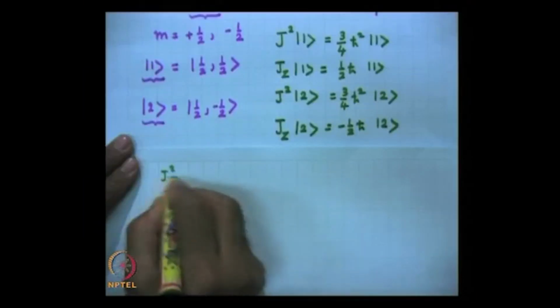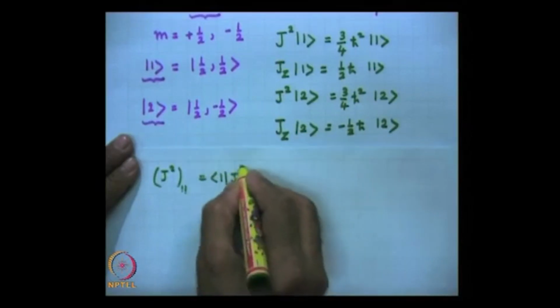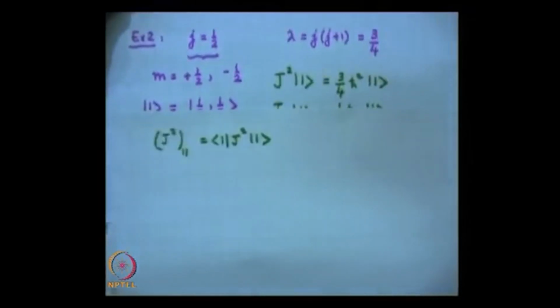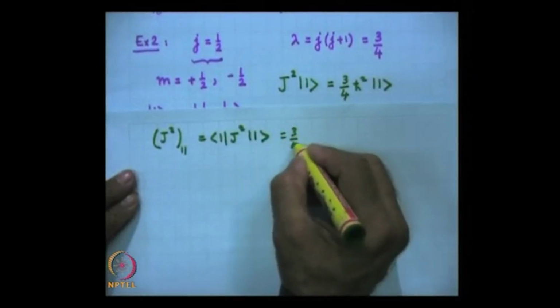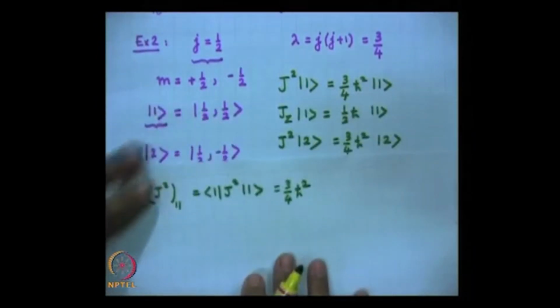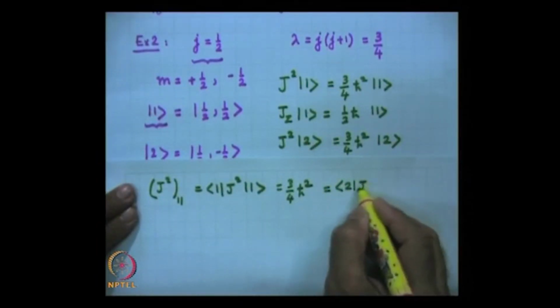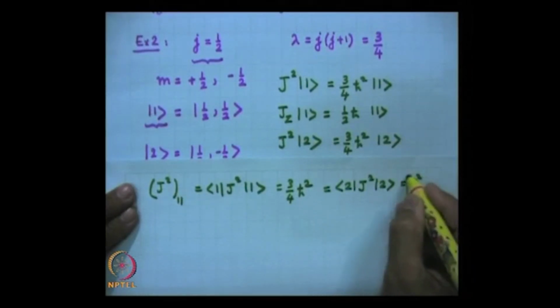You can see that bra 1 J squared ket 1 is equal to 3 by 4 h cross square, and similarly, since J squared ket 2 is so much, this is also equal to bra 2 J squared ket 2.